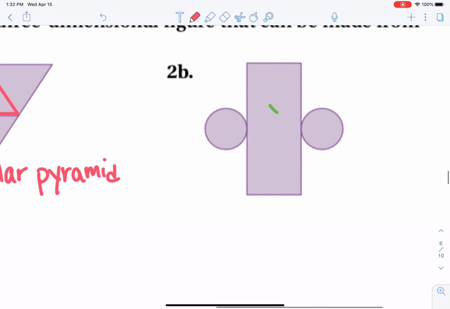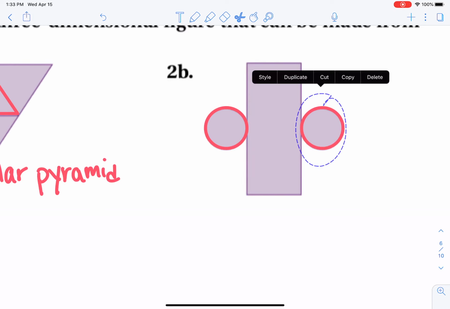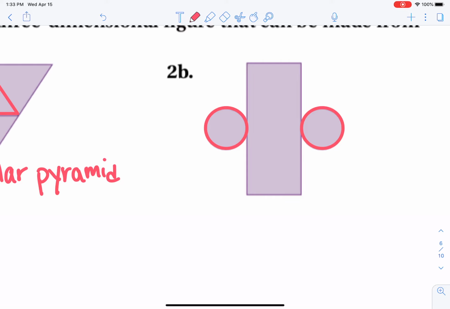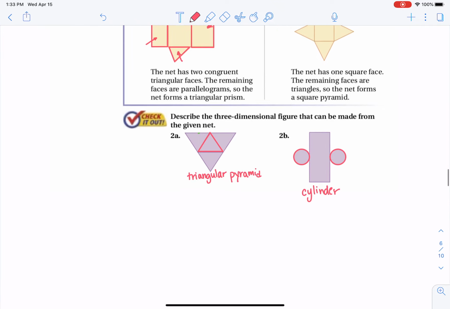This one, we've got these two circles on the side, right here. So I'm thinking that these are going to be the bases, and this rectangle is going to roll around them. So it looks like we're going to basically create a canned good or a cylinder. So a net is just what you would use a flat piece of paper and you'd cut it out so that you could make your 3D shape.